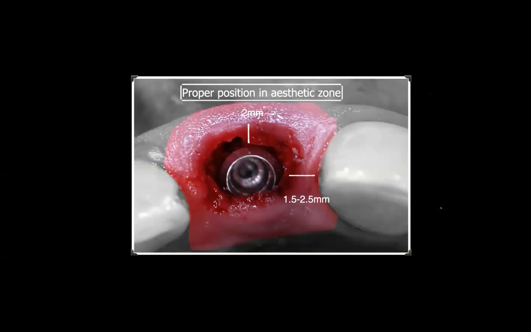It's 1.5, in this particular case a 2.5 millimeter distance mesiodistally to the tooth. But buccolingually, that is a very, very critical space that you need to create. And obviously, you can fill up your bone all the way to the very top of the gingival margin to support the tissue as well.